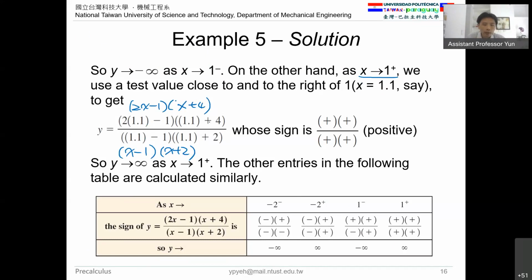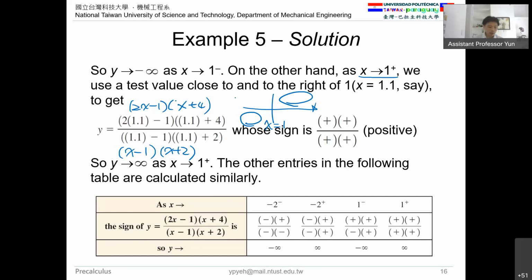So then we will see that the signs will all be positive here. So we can see this is x equal to 1 here. So you can see the function will be positive at the right-hand side, and the function will be negative at the left-hand side of x equal to 1. Okay, so we can approximately understand the end behaviors of this graph here.